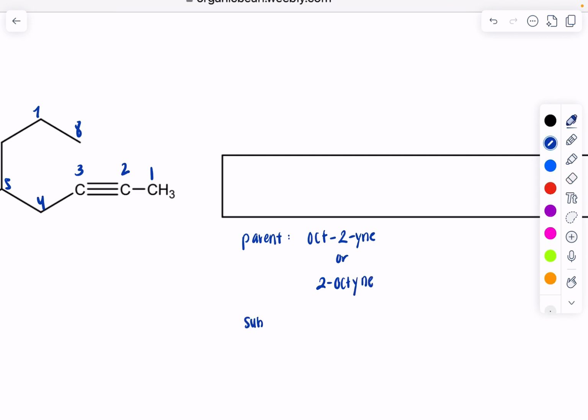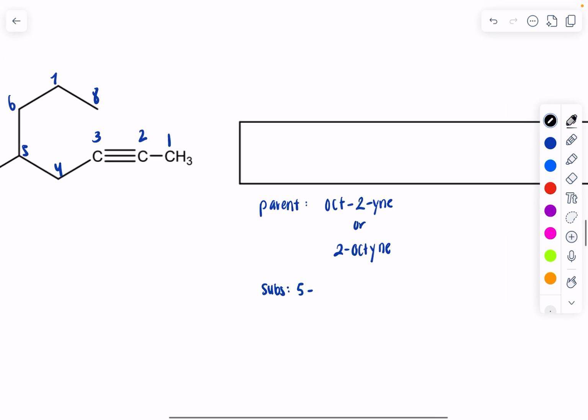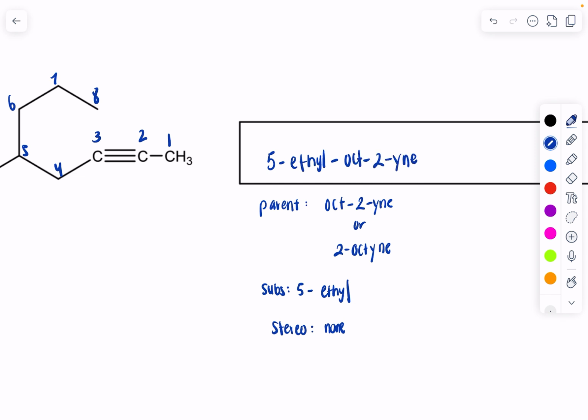And then our substituents, we have a substituent at 5, and it's just a 2 carbon chain, so 1, 2, which would be ethyl. So we just have 5-ethyl. Remember, there is no stereo with triple bonds, so none. So 5-ethyl oct-2-yne, and that would be your final answer.